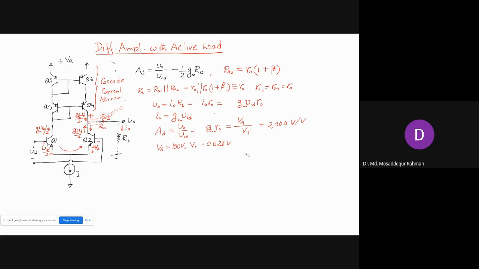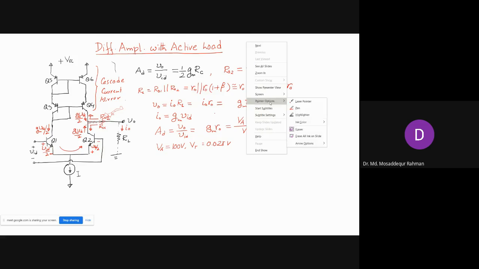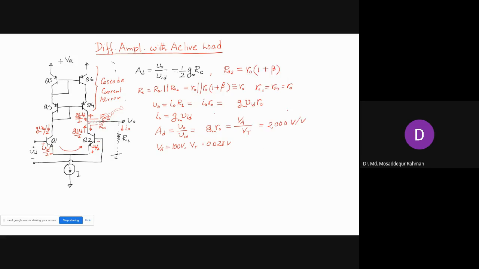So that will be our voltage gain now. The voltage gain will be just 4,000 here. It's twice the voltage gain. Is that clear? Any question? Yeah.